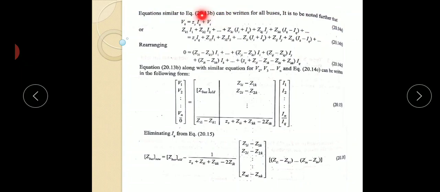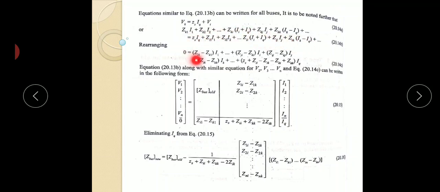Equations similar to the previous equation can be written for all buses. It is to be noted further that Vk equals Zs Iq plus Vi. So on the left-hand side, Zk1 I1 plus Zk2 I2 plus Zki (Ii plus Iq) plus Zkj Ij plus Zkk (Ik minus Iq) and so on, equal to Zs Iq plus Zi1 I1 plus Zi2 I2 plus Zii (Ii plus Iq) plus Zij Ij plus Zik (Ik minus Iq).